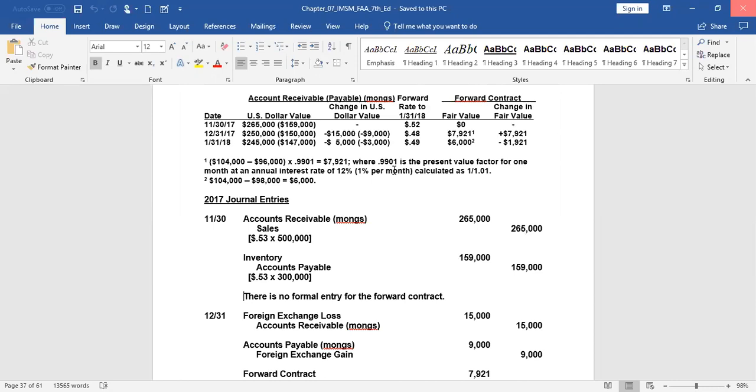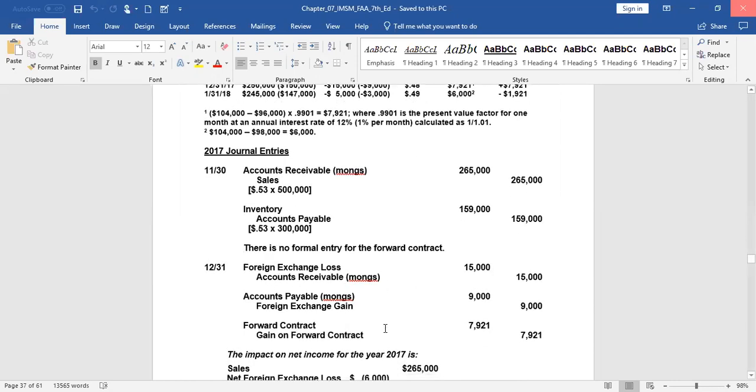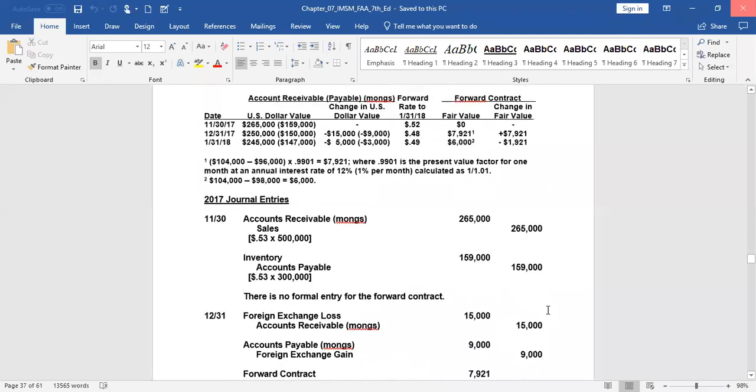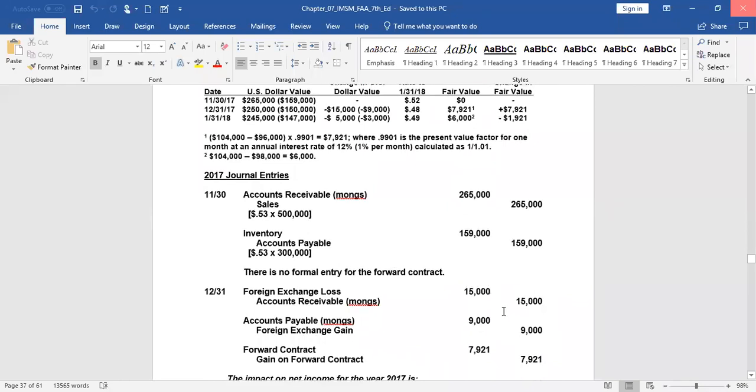What is the present value of that? So that is the value of the forward contract, the 8,000 times 0.9901, or $7,921, and that is recorded as a gain.